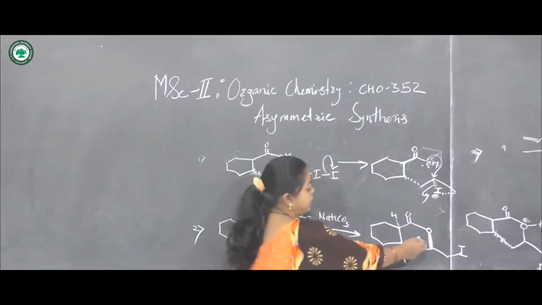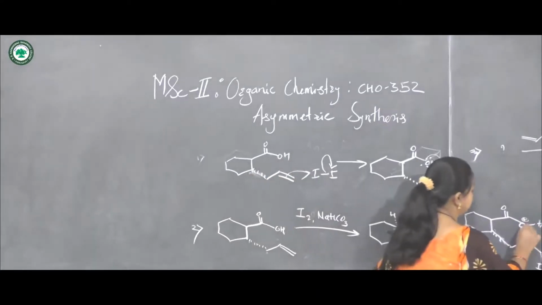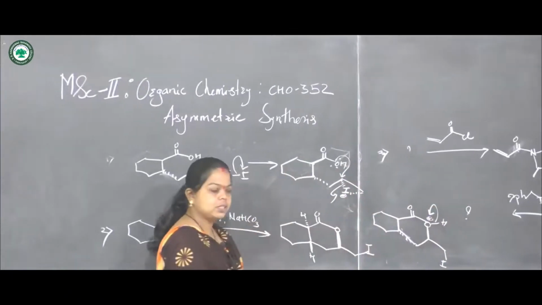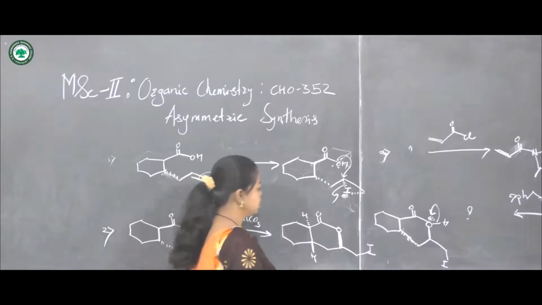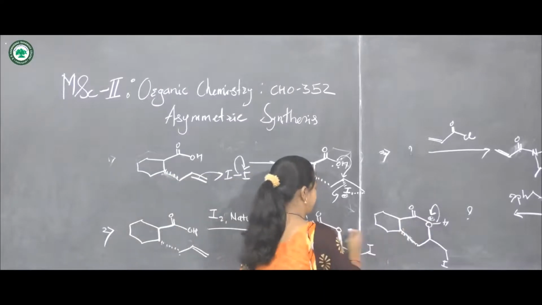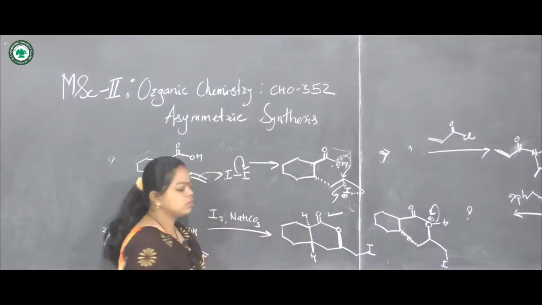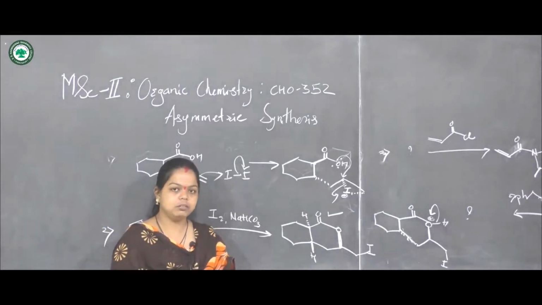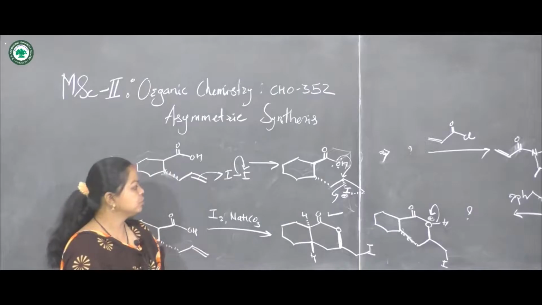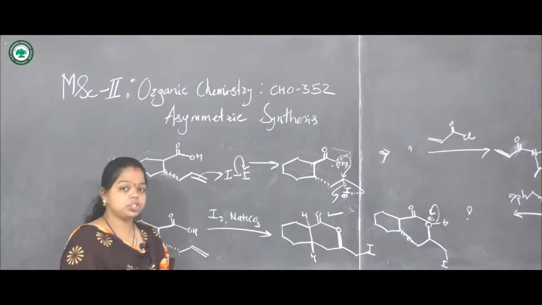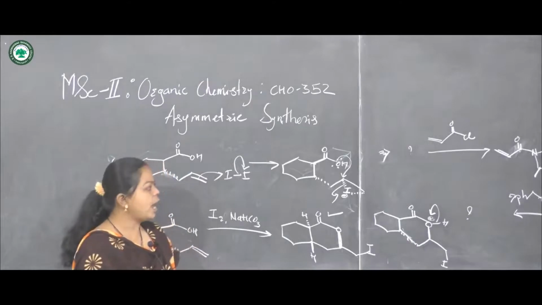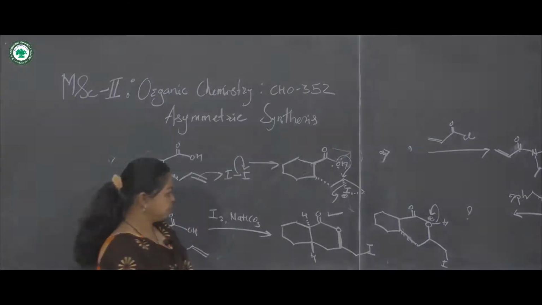So as desired in the product, we are getting the corresponding lactone. Only this hydrogen is present here, it will be removed easily to satisfy the valency, so we are getting this product. So this is a very simple reaction, but we have to predict the proper stereochemistry, and we have to give the proper orientation of these groups in the mechanism. So this is the hydrolactonization reaction.